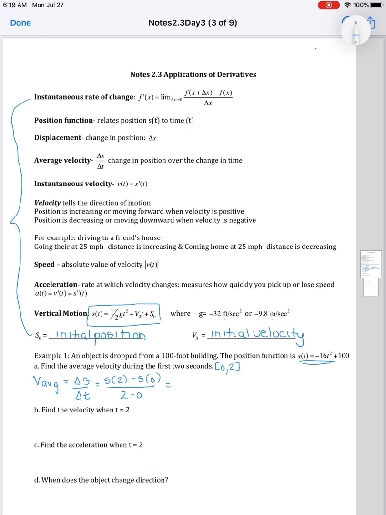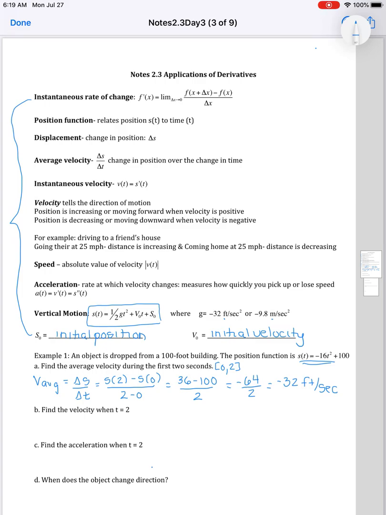Well, average velocity is the change in position over the change in time. It says during the first 2 seconds, so that means we're going from 0 to 2. Change in position means s of 2 minus s of 0, and change in time means 2 minus 0.